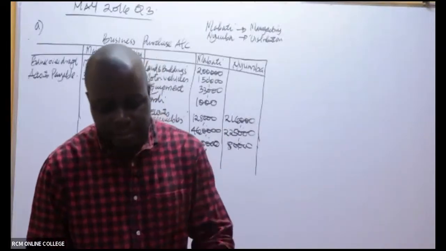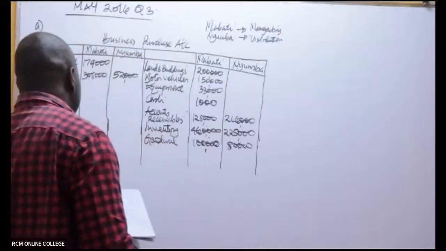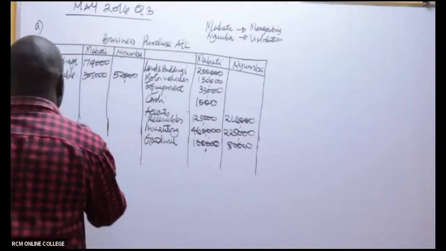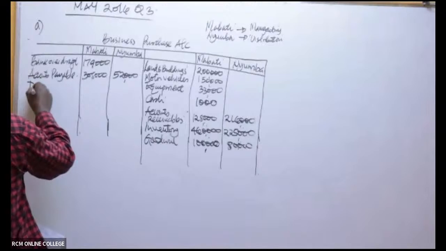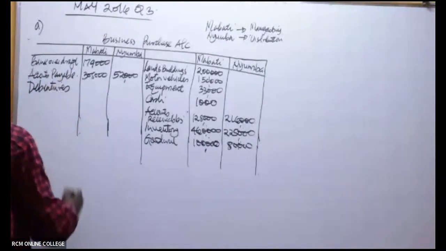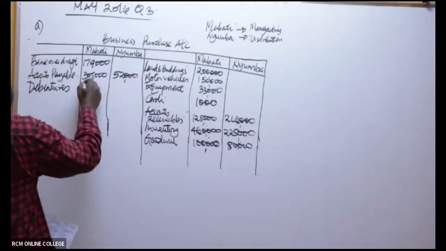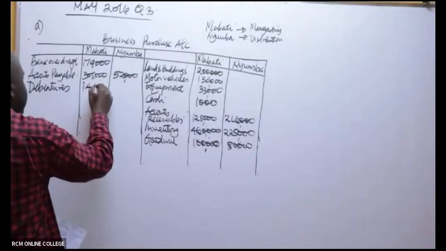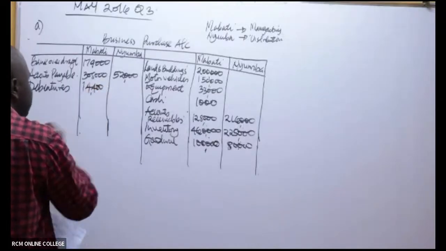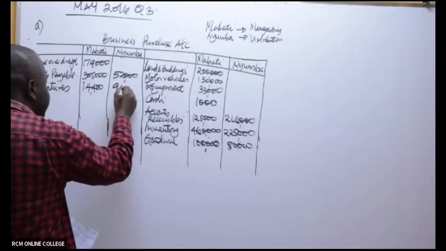So Mabati was taking over a debenture of 14.4 million. They converted that loan into debentures. Debentures are liabilities. Mabati ended up taking over a liability of this loan of 14.4 million. And of course, Nyumba took over a liability of this loan of 9.6 million.